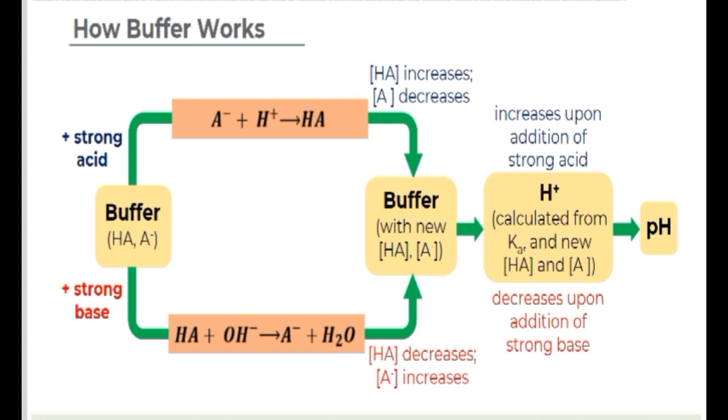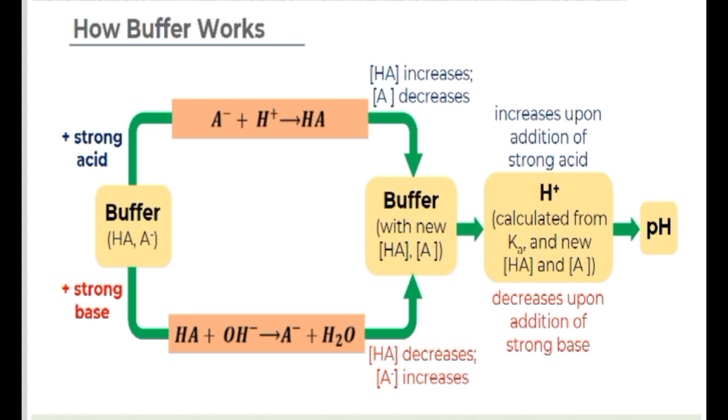To summarize, for a buffer whose acidic component is HA and its conjugate base is A⁻, the following diagram shows how the buffer reacts with an added strong acid or strong base.